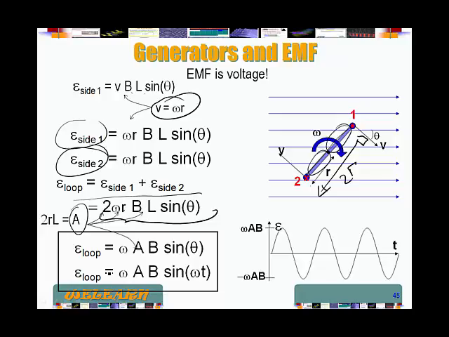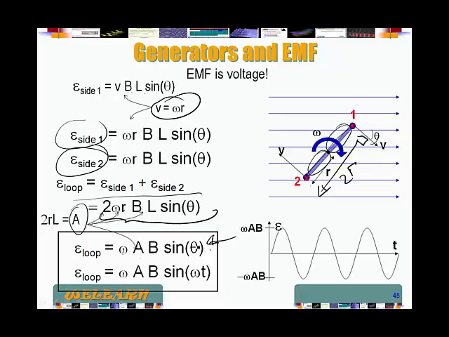Then the EMF in the loop is actually omega A times B times sine theta. And now what's theta? Theta is the angle that B is making with the velocity here, and that angle is going to depend on omega and on the time.